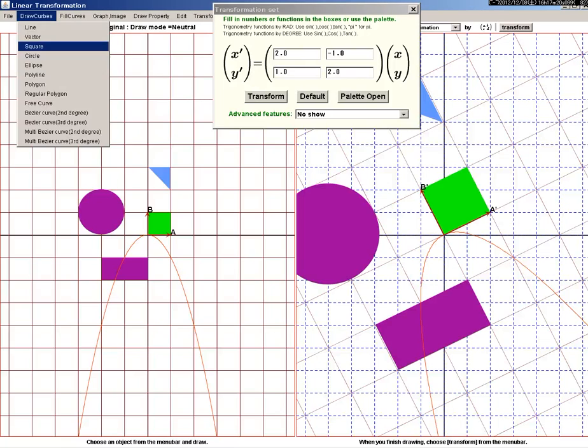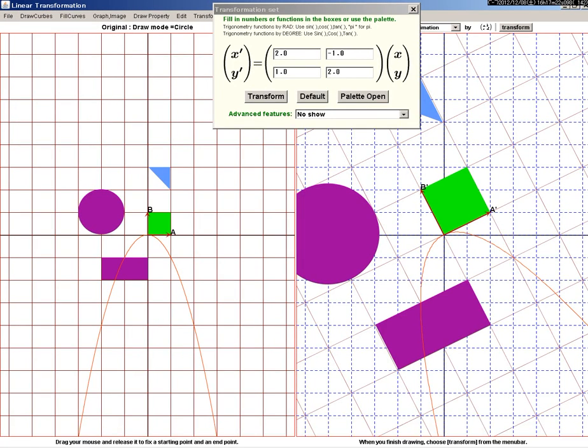Let's draw a circle, centered at the origin, the radius is 1, and transform. And then divide the matrix by the length of OA dash and OB dash, square root 5.